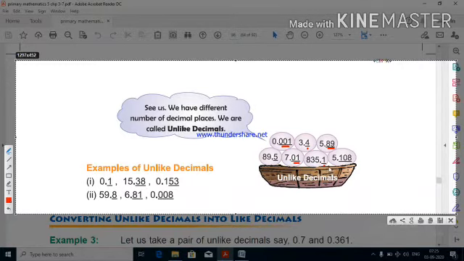It is a mixture of everything, that is 1 digit or 2 digits or 3 digits, 4 digits, 5 digits, it may be any. Such types of decimals are known as unlike decimals. Let us take one example. It is 0.1, only 1 digit here. Here is 0.38, 2 digits, here is 3 digits, so they are unlike decimals, okay.